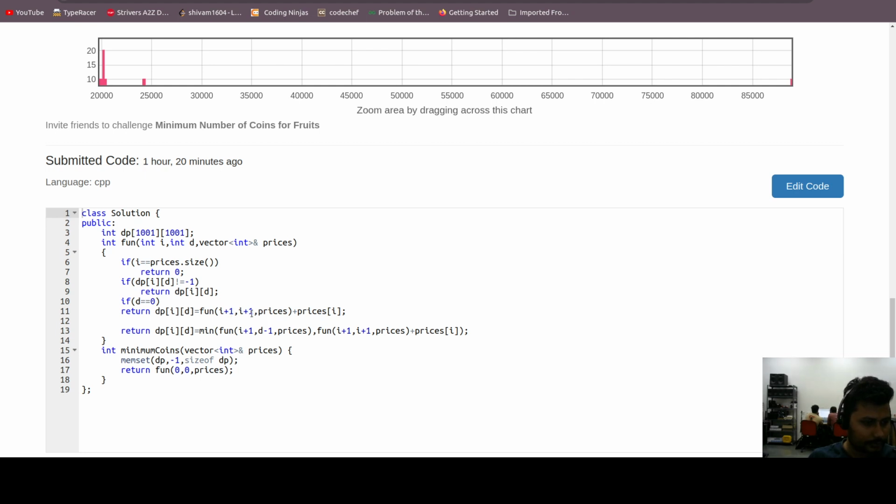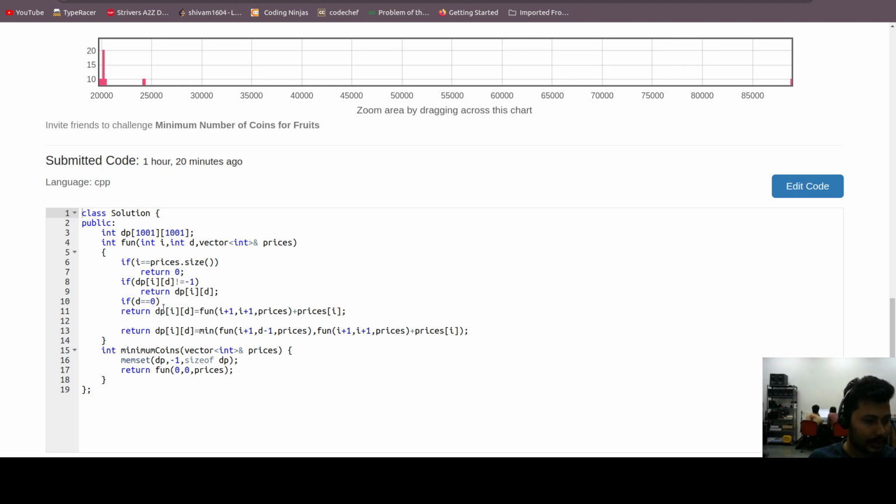If you buy that one, then the index will increase by 1, and for the next i plus 1 fruits we can get free. We are adding plus 1 because of one-based indexing in the question. And for that purchase we pay prices[i] coins.